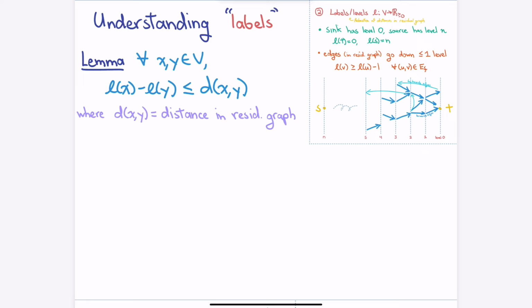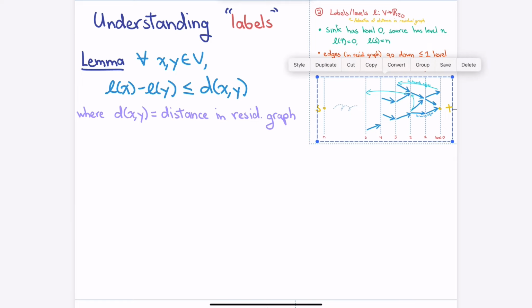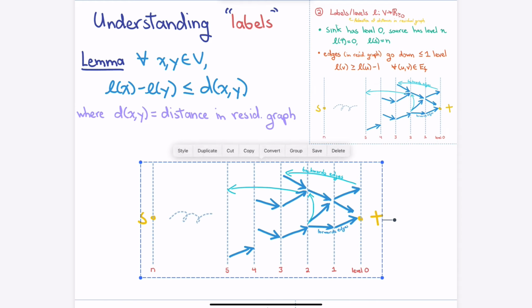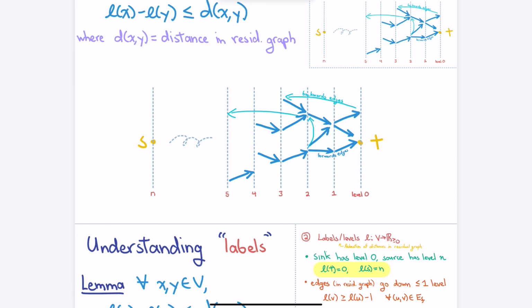So why is that? Yeah, so it has to do with these. Remember, the forward edges can only go forwards one level.